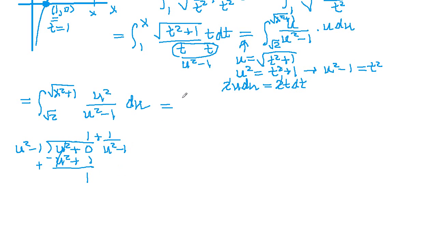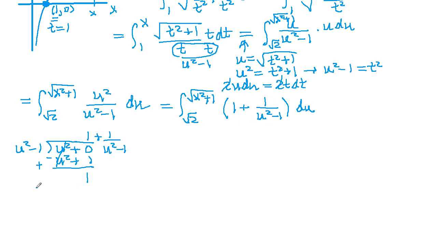So we're really integrating from root 2 to root x squared plus 1, and then this is going to be 1 plus 1 over u squared minus 1 du. And then we can do partial fractions on that part. So let's see here.